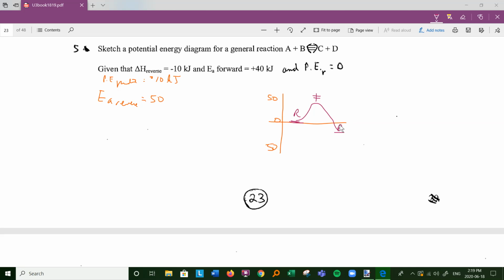Products are at 0. No, reactants are at 0. Products are at minus 10. Something's odd about this drawing here. Oh, this goes from 0 to 40. 40, right. So this is at minus 10. So minus 10, 10 and 40 gives me 50. That's right. I should have labeled more data, more points. Now I will. So that's EA forward, and this is EA reverse. Okay?